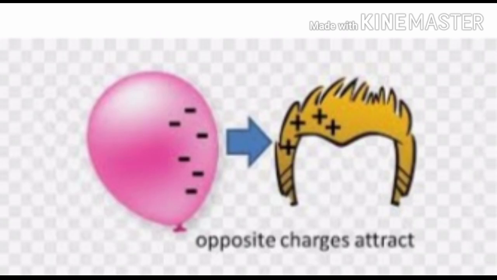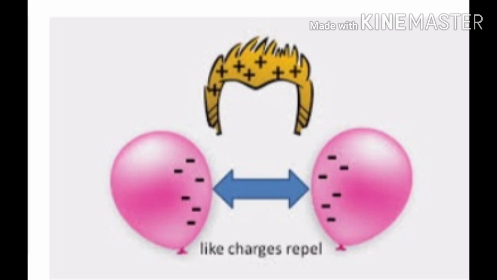You have learnt in class 6 that like poles of two magnets repel each other and unlike poles attract each other. You can observe that the red end of one needle and the white end of another needle attract each other, and ends with the same color repel.